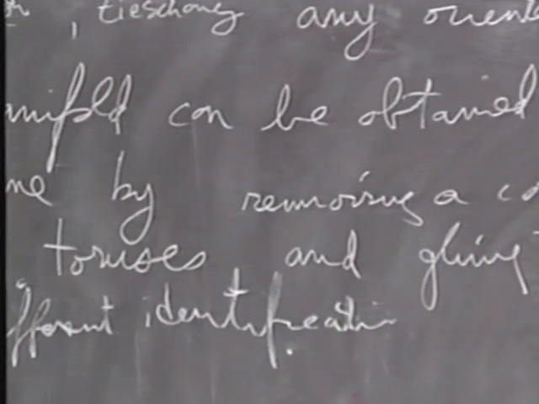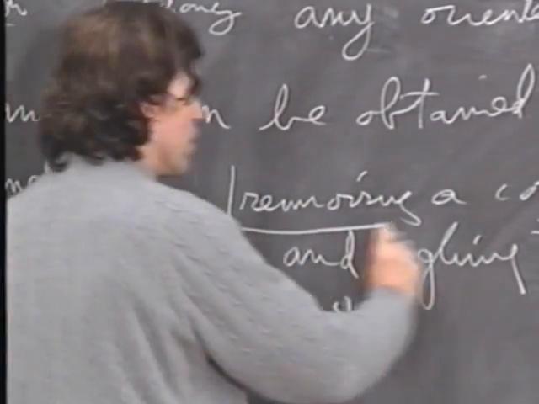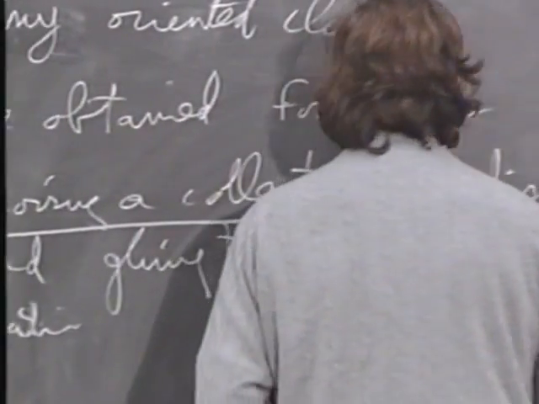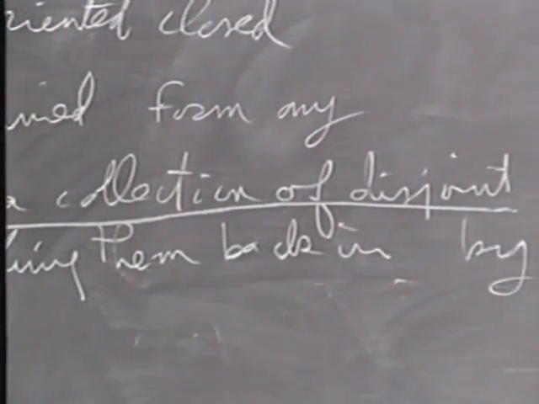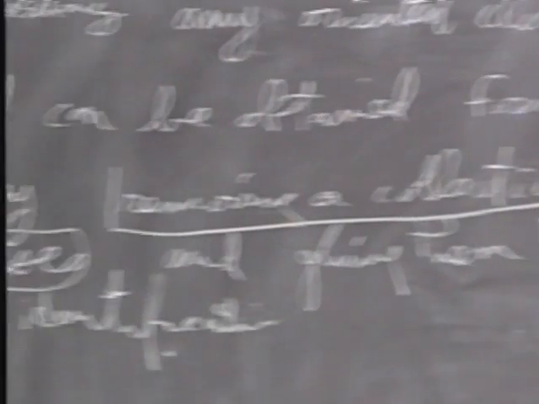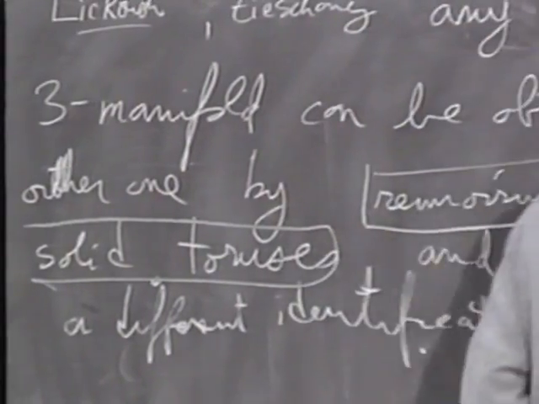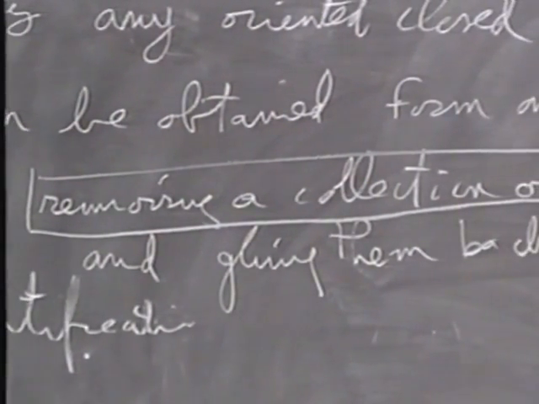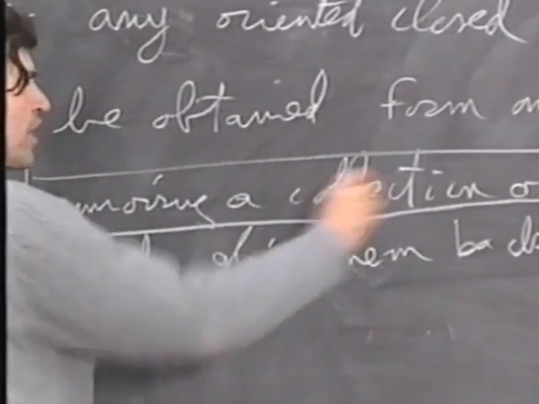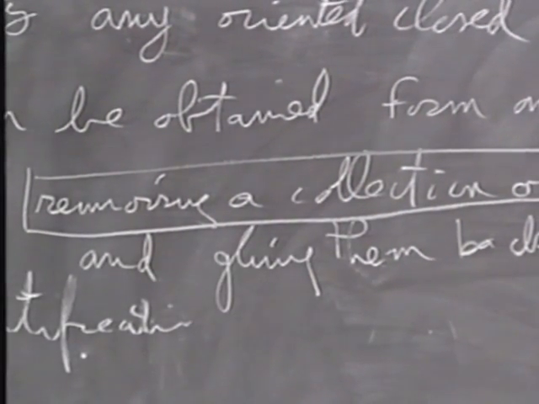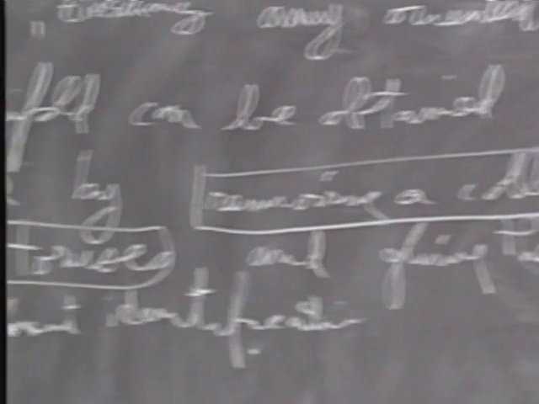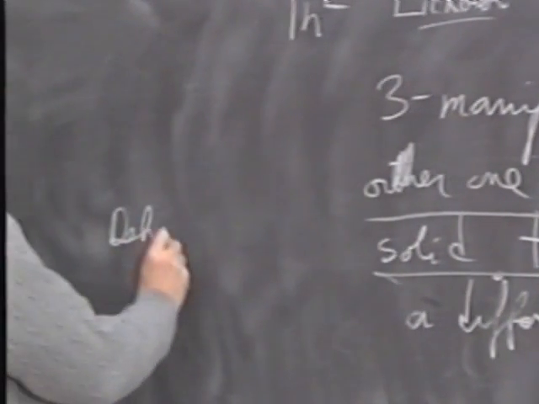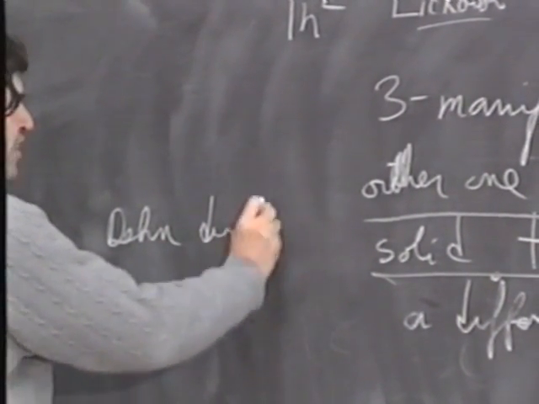So this process of going from one three manifold to another was explored by Dehn. This process of removing a collection of disjoint solid tori, people have started to call Dehn drilling.